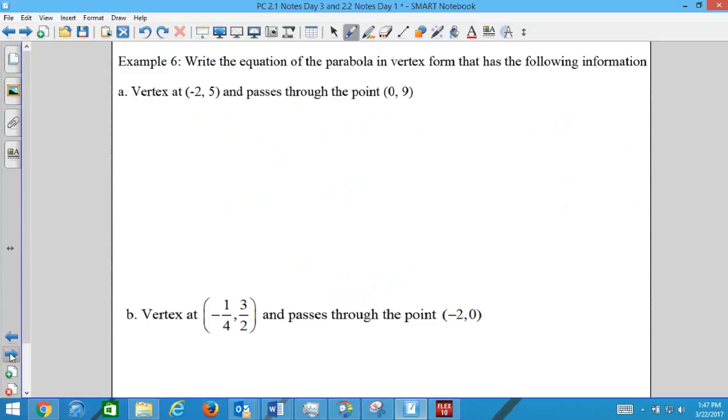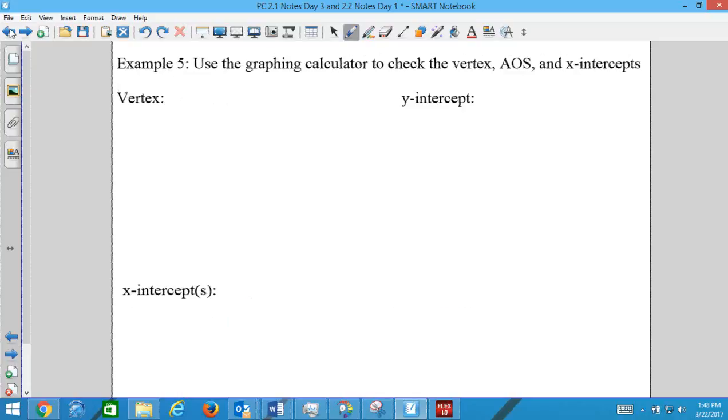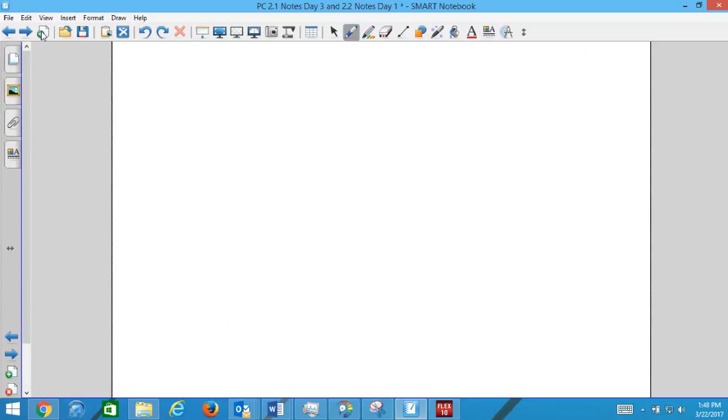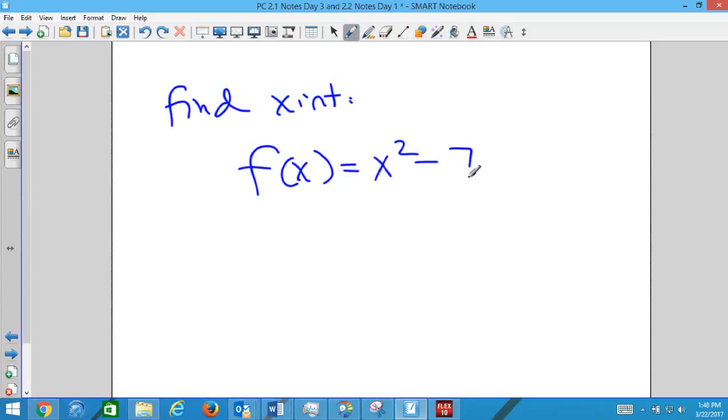Okay. Before we do this, there are some questions in your homework that ask you just to find the x-intercepts. So without all the rest of the work, how do you find the x-intercepts?